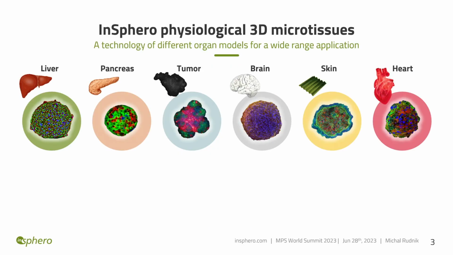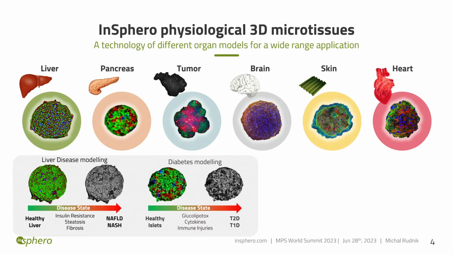Over the years, Nisphero has established 3D models for different organs, such as liver, pancreas, tumor, brain, skin, and heart. What's more, we provided valuable models for human diseases like steatosis, fibrosis, NASH, or diabetes.